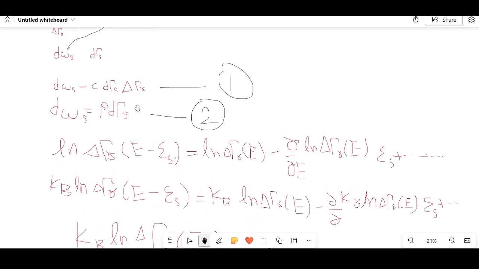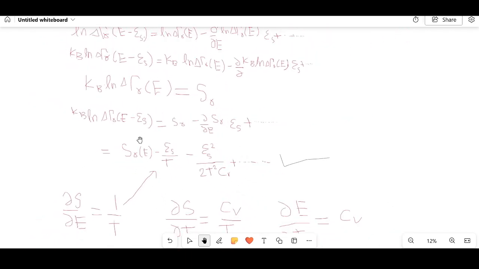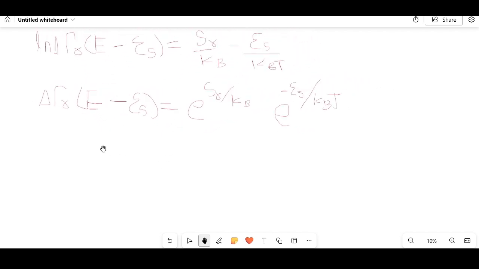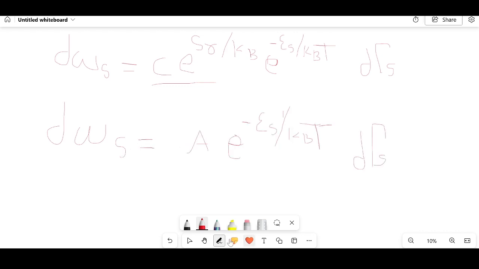We put the value of delta gamma r in equation 1 and we obtain the form of equation 2. We get this equal to another constant A, so d omega s equal to this is equation 3.